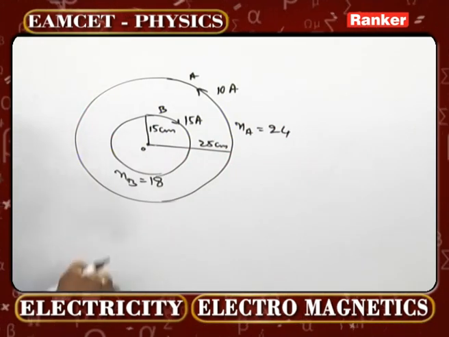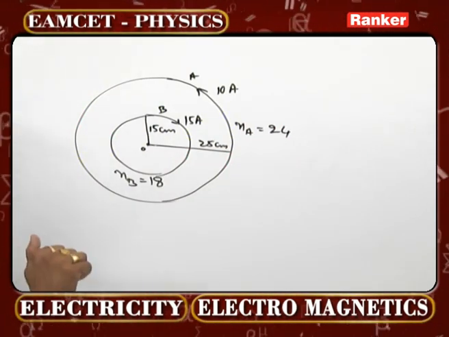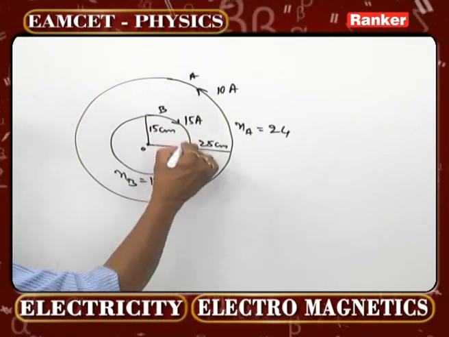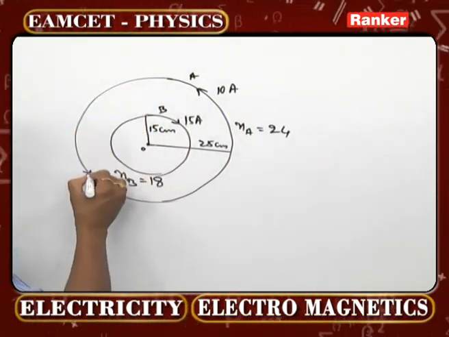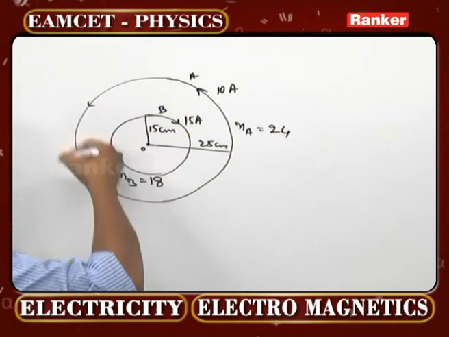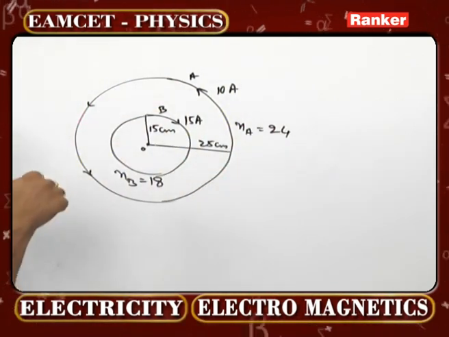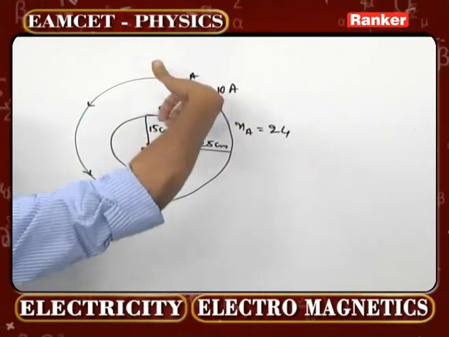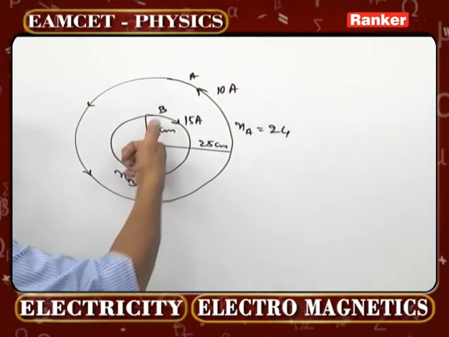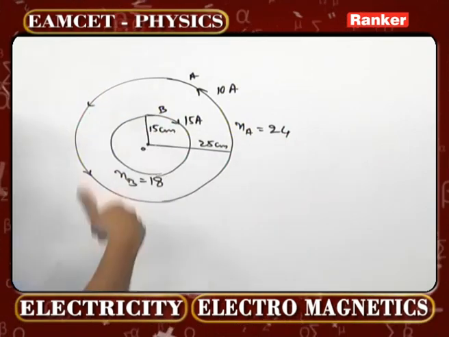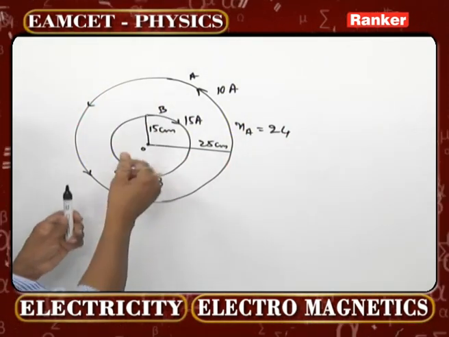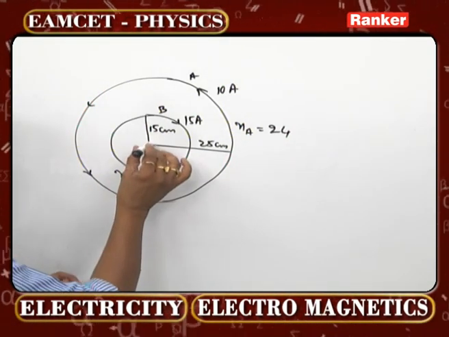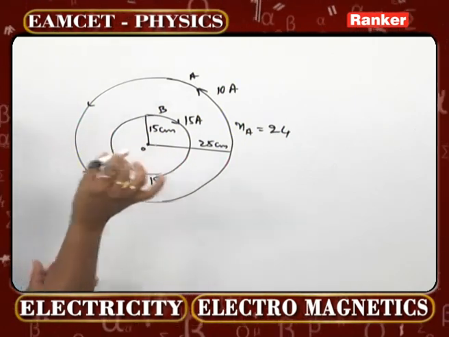Now you should apply your right hand thumb rule here. See the direction of current here please. In this one, it is anti-clockwise going like this. Now you put your thumb in the direction of current. Then naturally these four fingers are coming out as far as this point is concerned. So due to the first current, the magnetic field's direction will be perpendicularly outside the board.